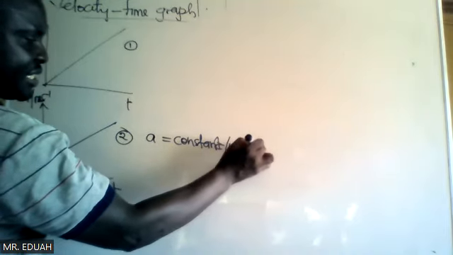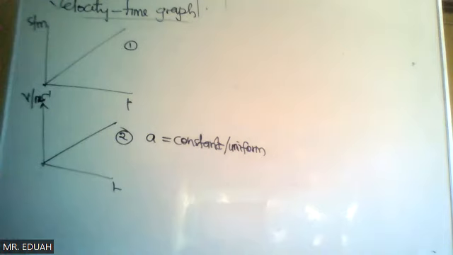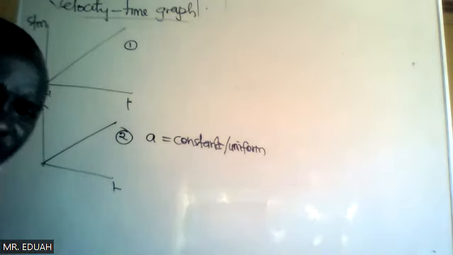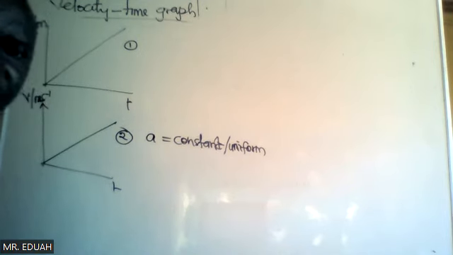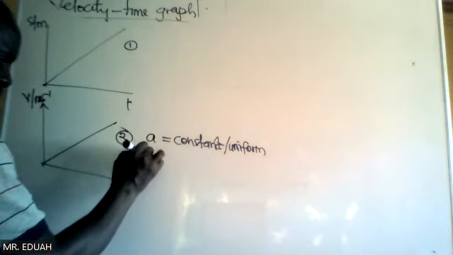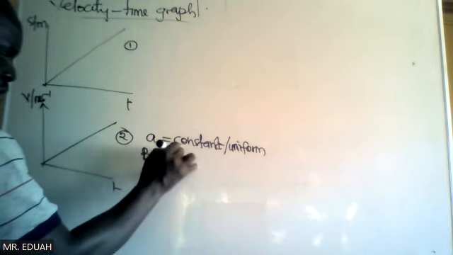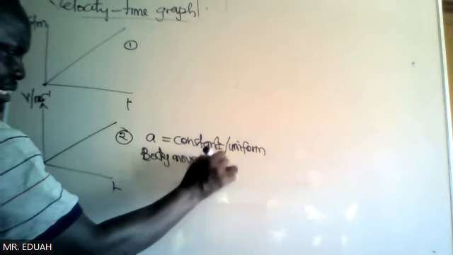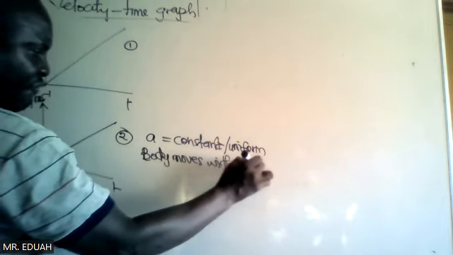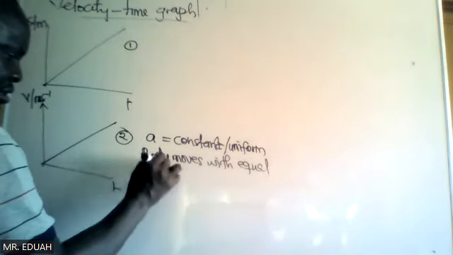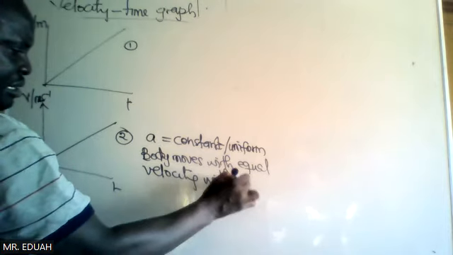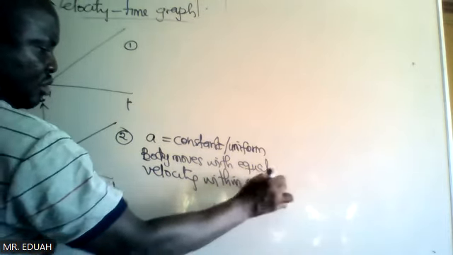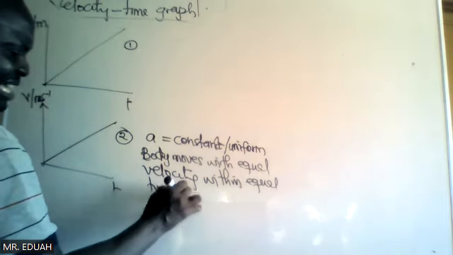If acceleration is uniform, what it means is that the body is moving with equal speed within equal time intervals. Please note that the body moves with equal velocity or speed within equal time intervals.